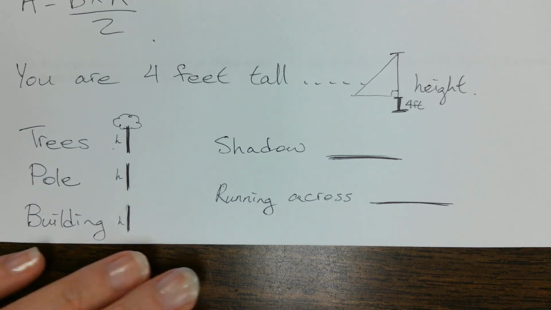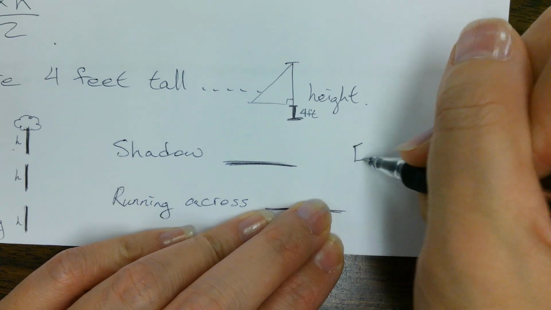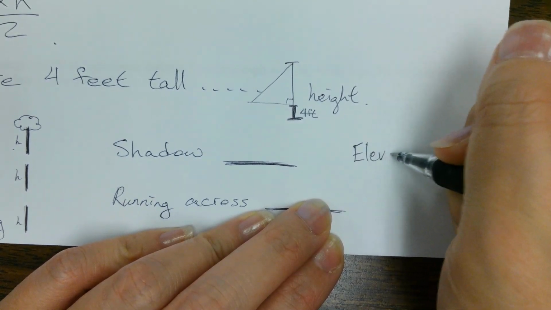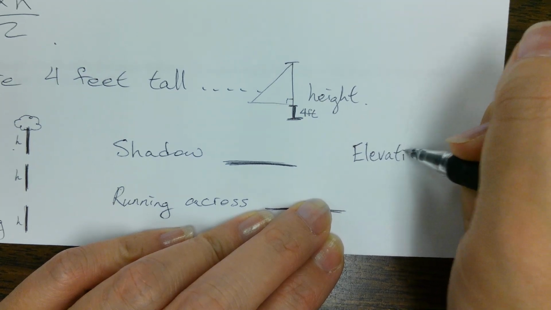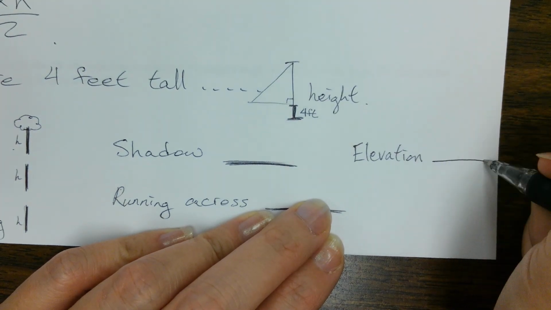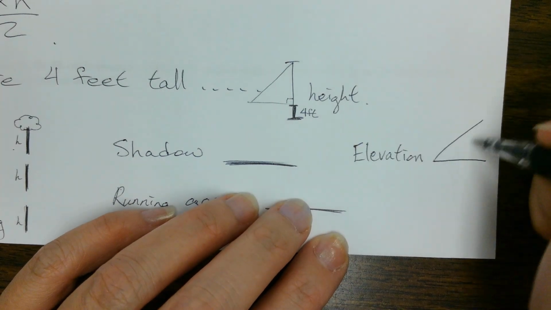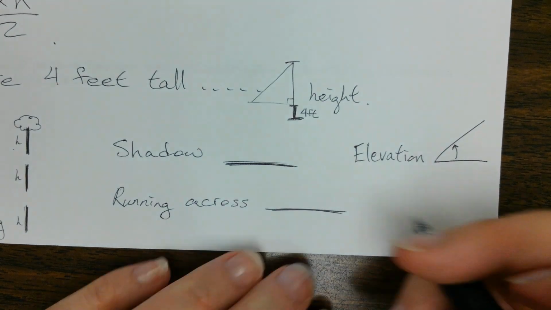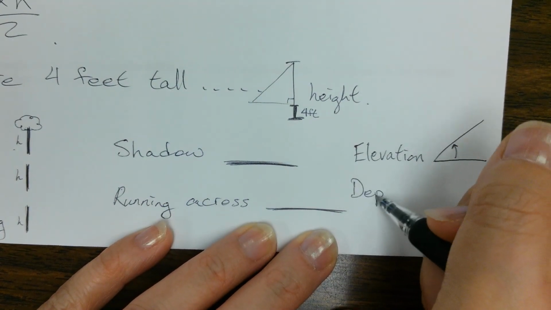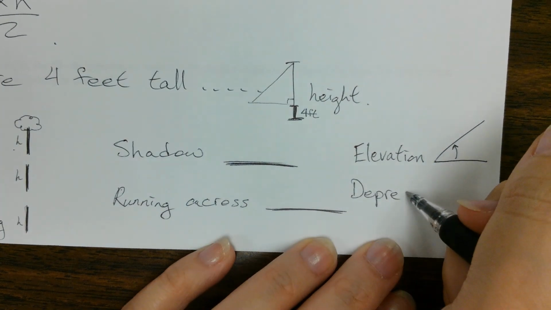Angle of elevation, angle of depression. Angle of elevation is always from a horizontal line looking up. What about depression? Show me an angle of depression with your hands.